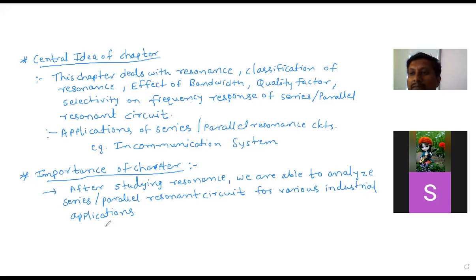So analysis of different parameters related to series and parallel resonance circuits. For that purpose, we need to understand the basic concept of resonance, including the mathematical expressions and formulas. Once we understand all this, we can easily develop any applications and use the series and parallel resonance circuit according to the requirements in industrial applications.